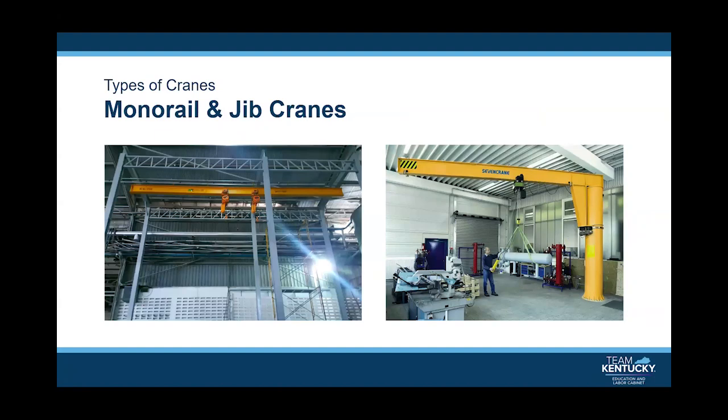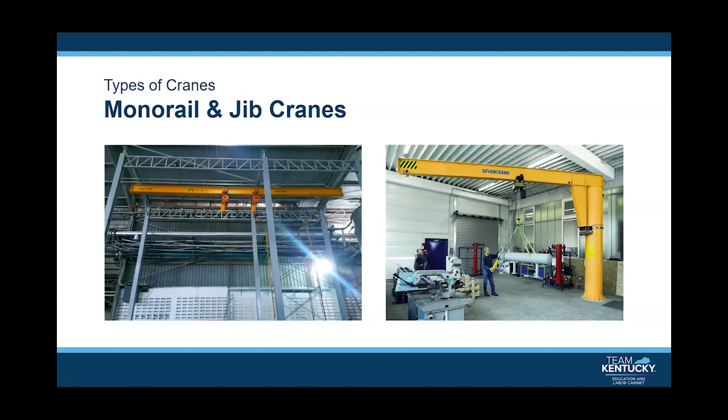The last two cranes I wanted to mention are monorail and jib cranes. A monorail crane is where the hoist runs along a stationary beam, as can be seen in the picture on the left. A jib crane consists of a vertical member, which extends a horizontal arm that the hoist runs along, as pictured to the right.